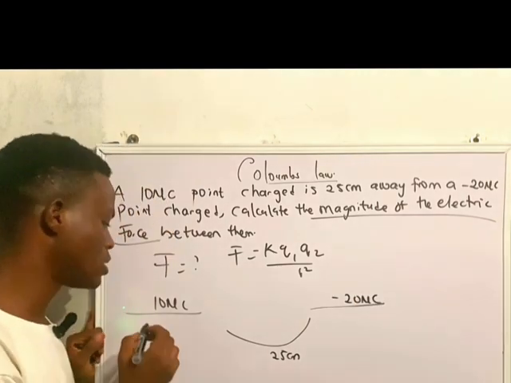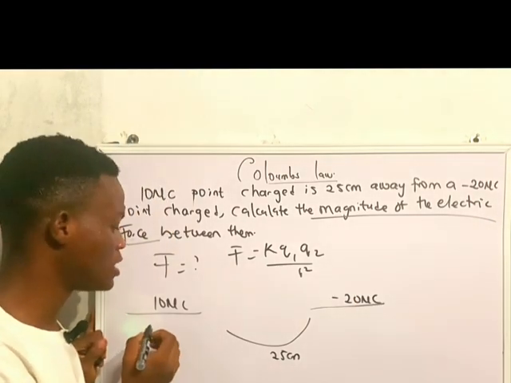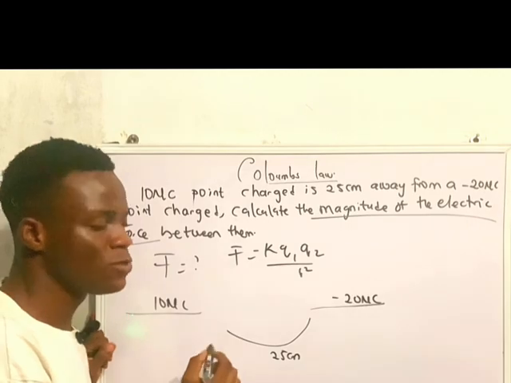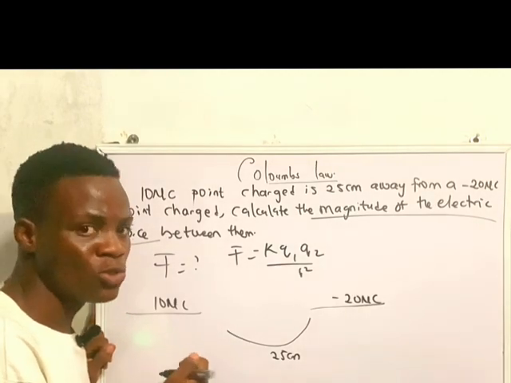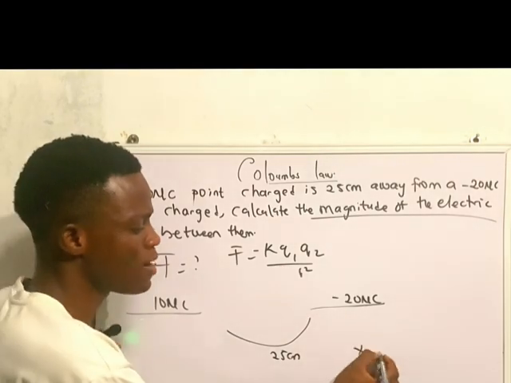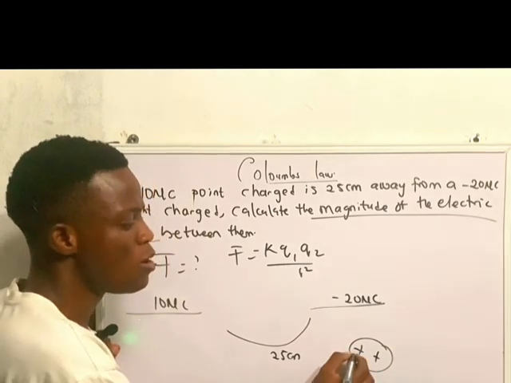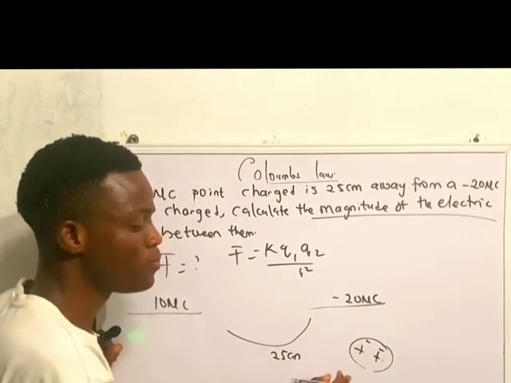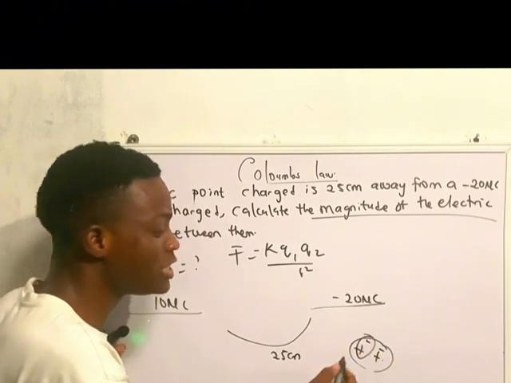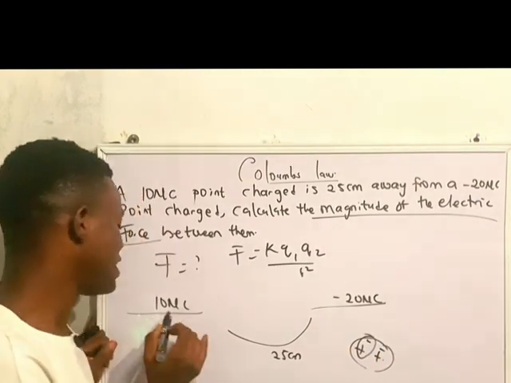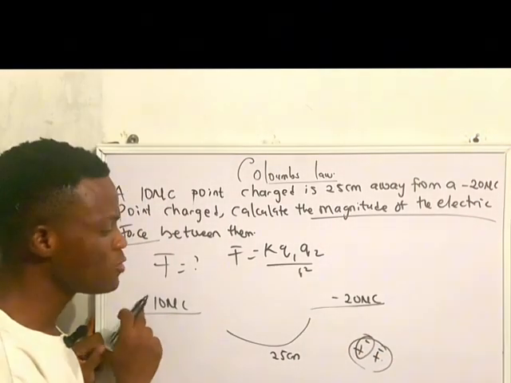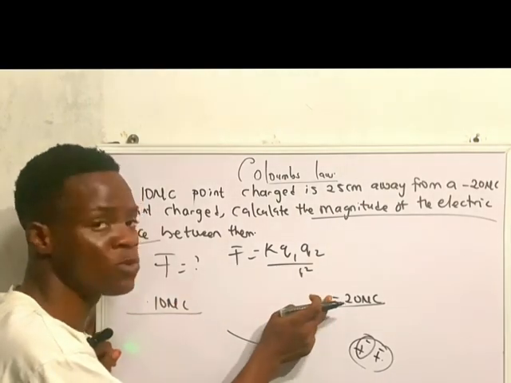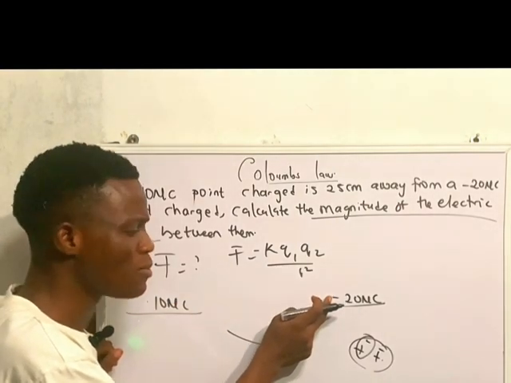Remember, according to electrostatic force, like charges repel and unlike charges attract. Positive and positive repel, boy and boy repel, girl and girl repel, but boy and girl attract. So positive will always attract negative. Are you getting the point?